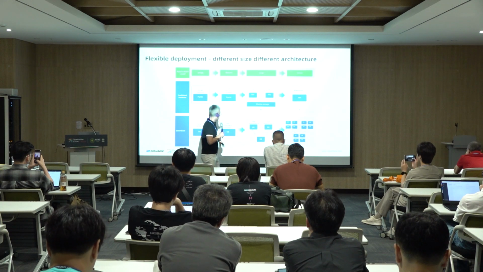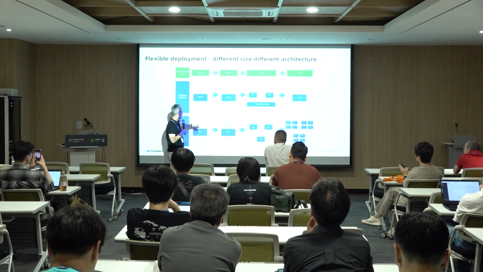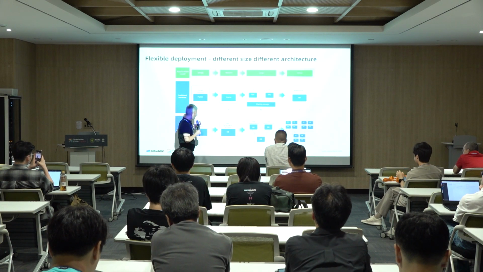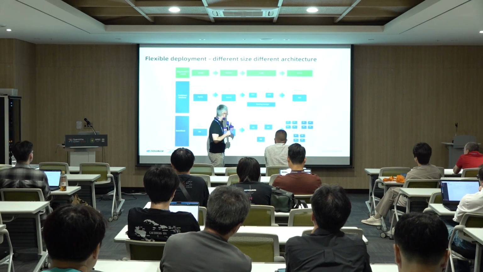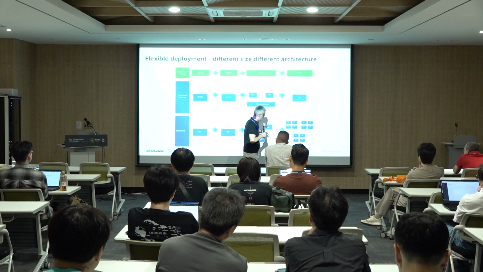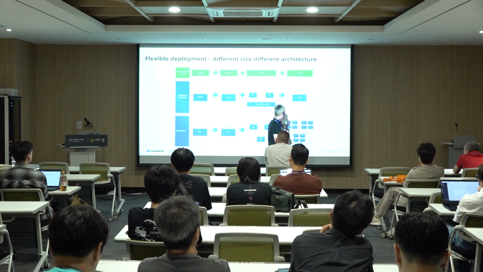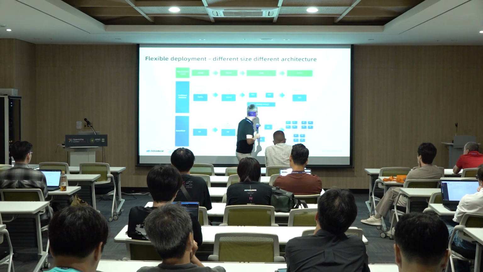So we want, if the data is small, we can use small hardware. If the data is growing, we can use high performance hardware. If we want high availability, we can set up a cluster. If the load is high, we can add a node to the cluster until we meet the load requirement.